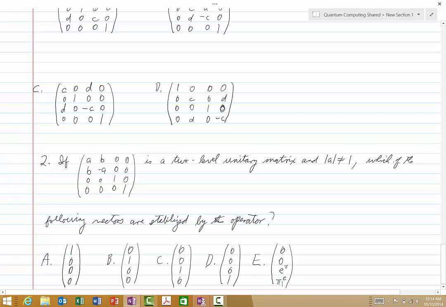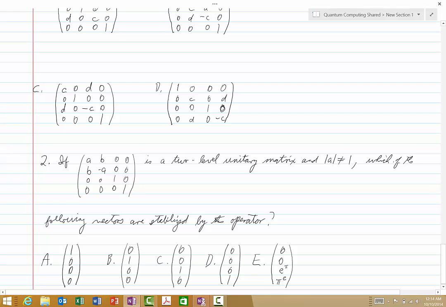And then for the second problem, the matrix here, A, B, 0, 0, B minus A, 0, 0, 0, 0, 1, 0, 0, 0, 0, 1, you're told that this is a two-level unitary matrix, and also that the magnitude of A is not equal to 1.